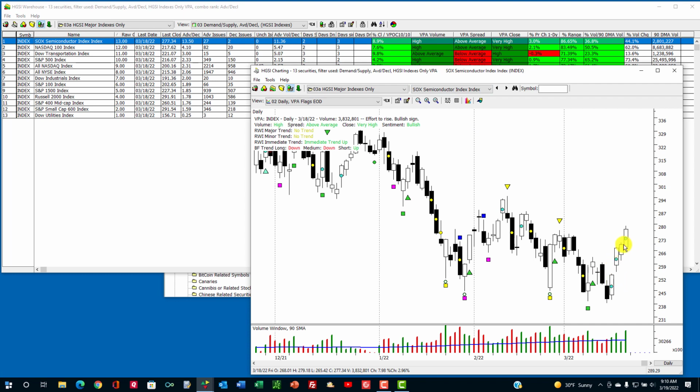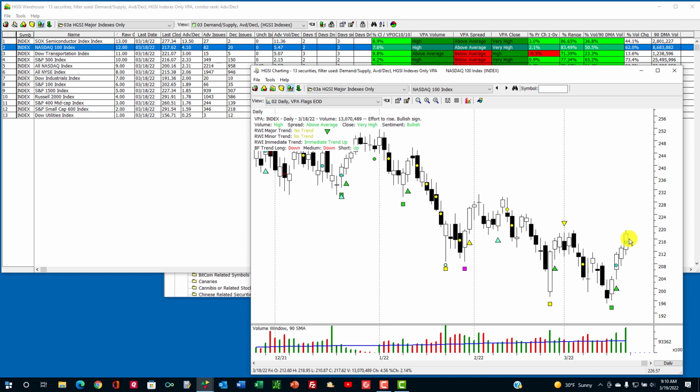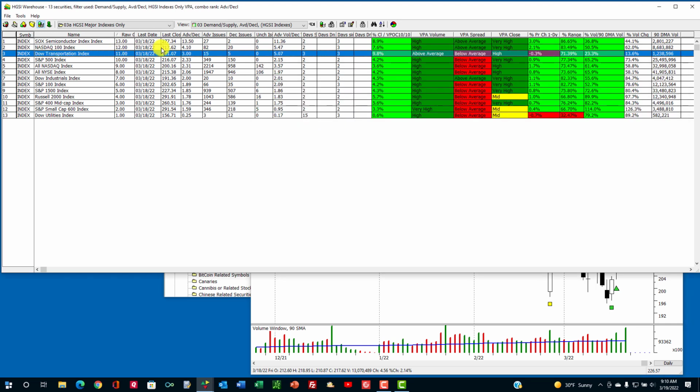Look at this, these 3 efforts to rise, and once again, I would consider these white soldiers, so 4 of them breaking past resistance here. Pretty much looks like the composite. Let's look at the Nasdaq 100. Pretty similar, of course. But let's look at the advancers versus decliners.